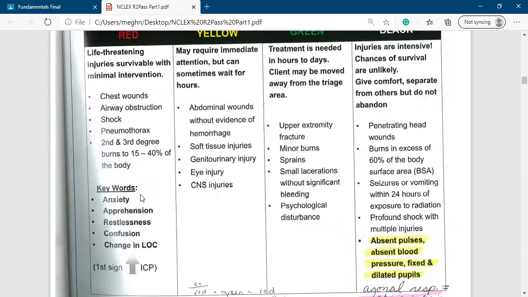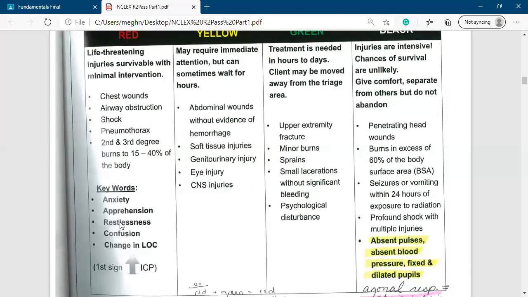And the keywords about class 1 or red tag: patients are anxious, apprehensive, restless, confused, and also have a change in the level of consciousness. What is the first sign of a change in the level of consciousness? Increased intracranial pressure.